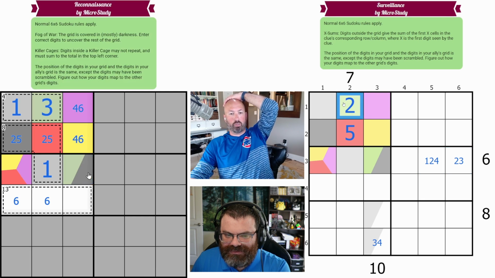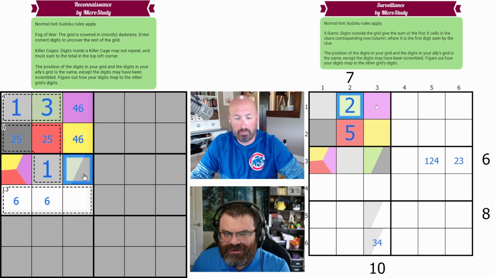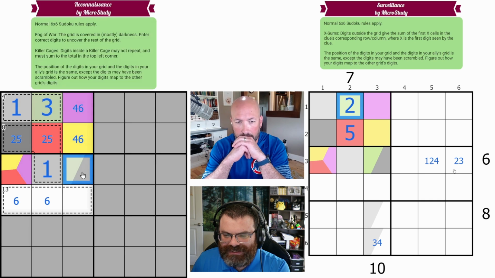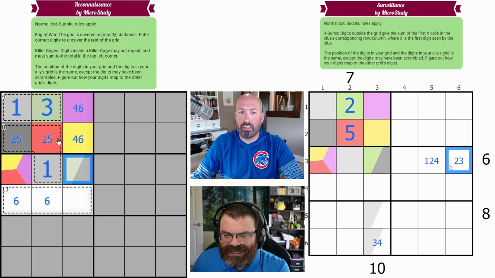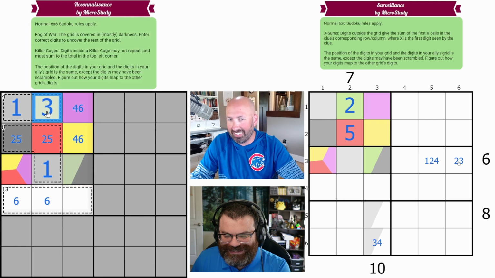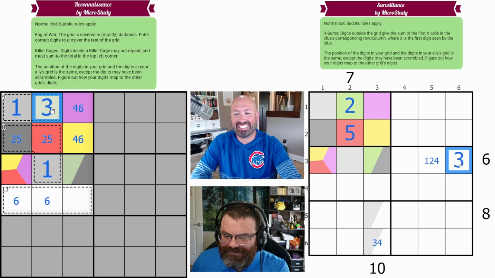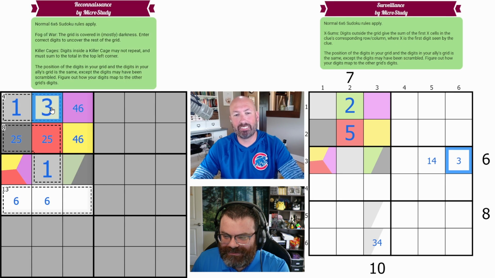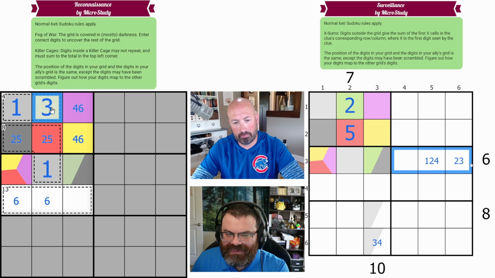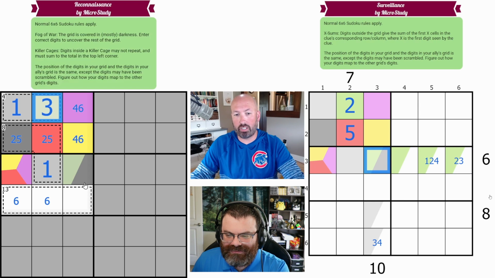So obviously, if row 3, column 3 can't be green... just for our viewers, green is this digit, and if we aren't using this digit over here, there's no way to actually complete this clue. So I can tell you that I need to have green somewhere in row 3, column 4, 5, 6. So it can't be in row 3, column 3.